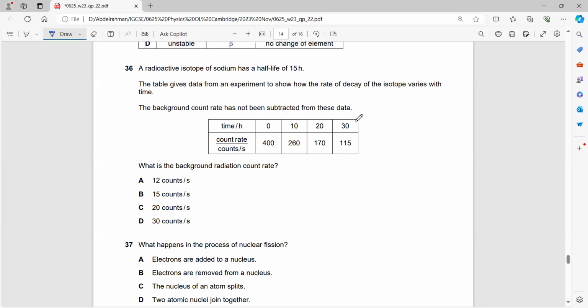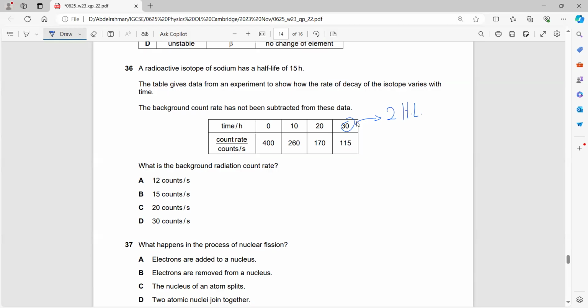First, we need to find it at 15 hours. Can you find it at 15 hours in this question? No. But you can find it at 30. So that's 2 half-lives.